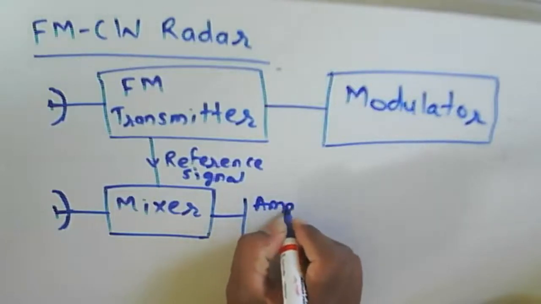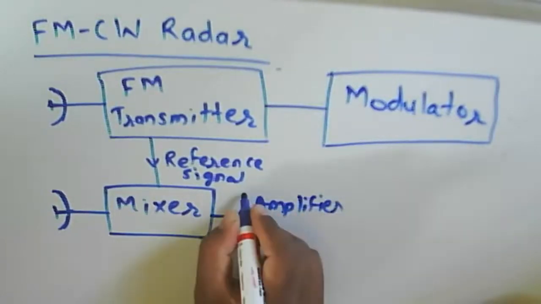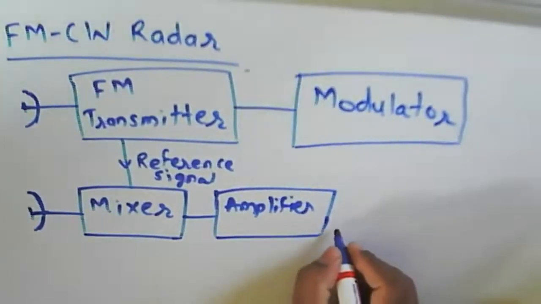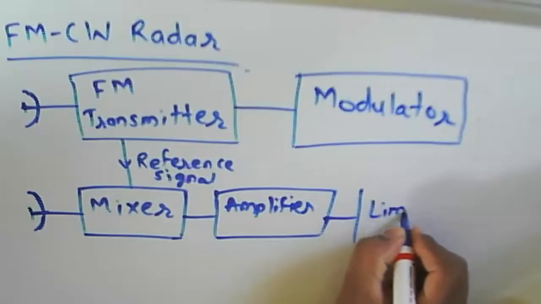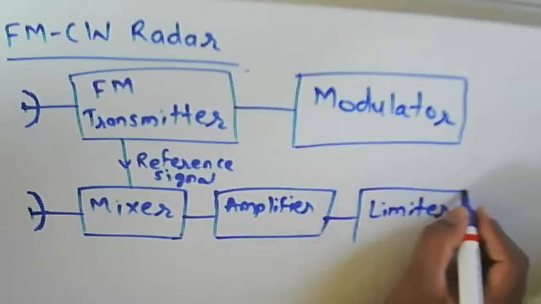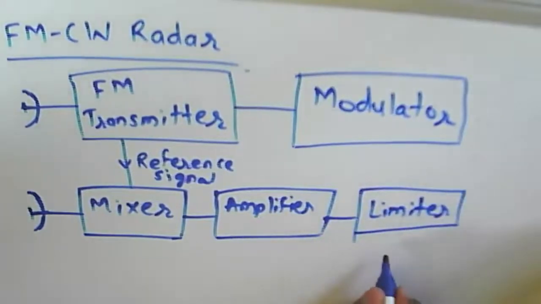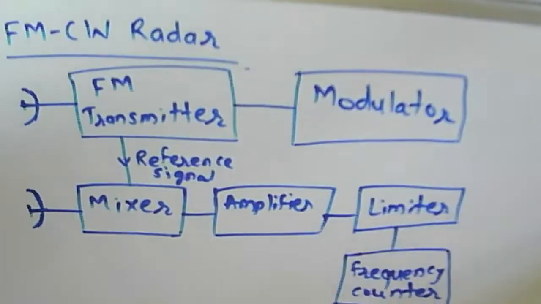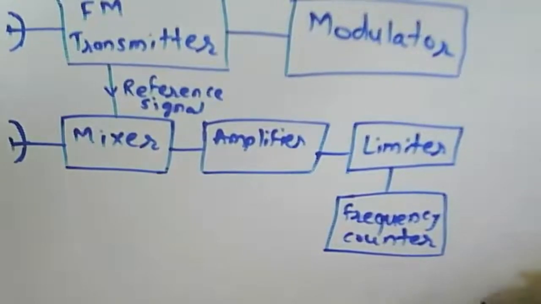Then an amplifier. After that we have a limiter. Then frequency counter. This one is about a frequency counter here, and then this one is about an indicator.